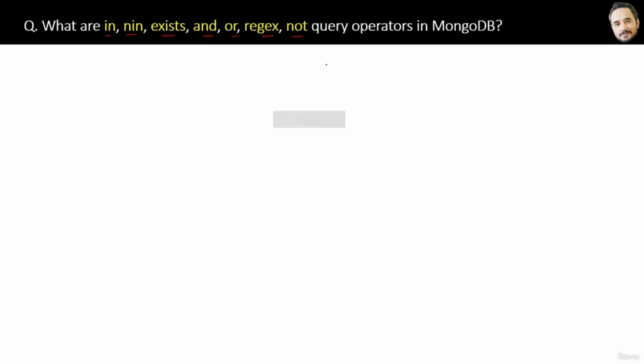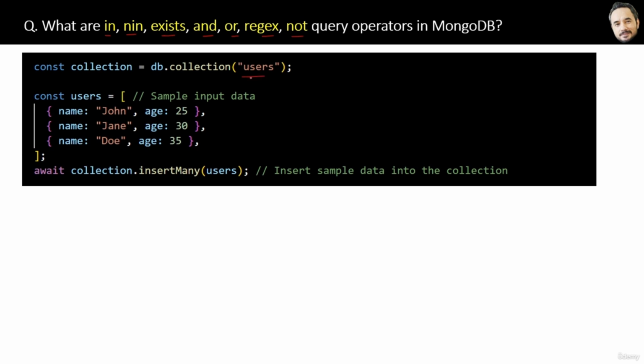So suppose you have an empty collection of users in a database. Now we are creating some new users first and then inserting all these users into the database using the insertMany method. Okay, I hope you are clear about this. Now the first operator is the in operator, which can be used like this.